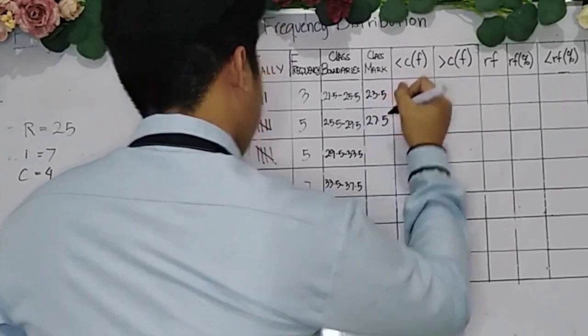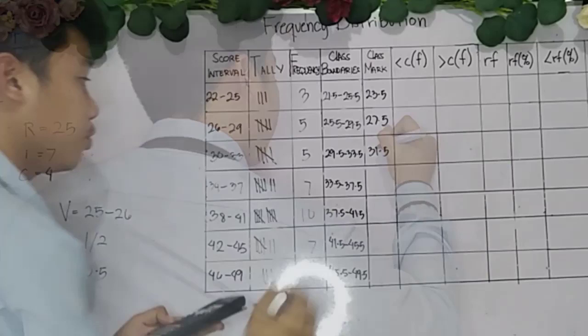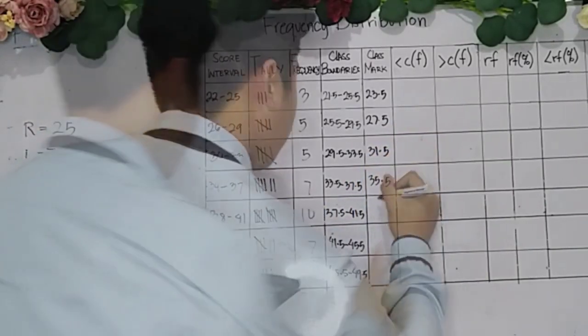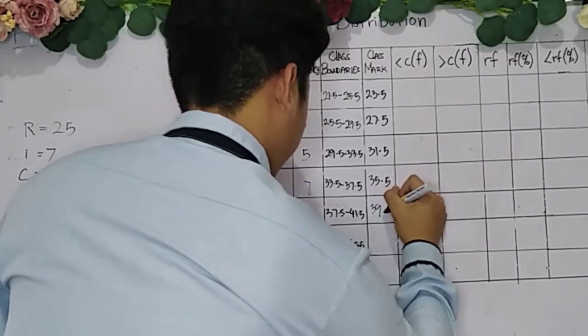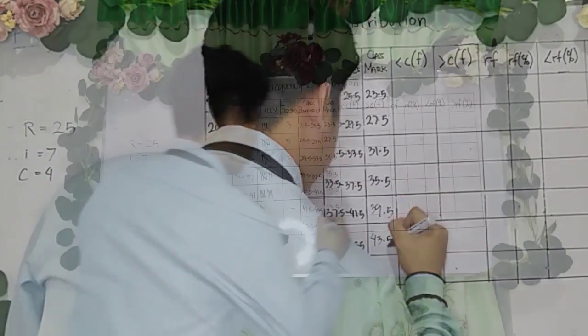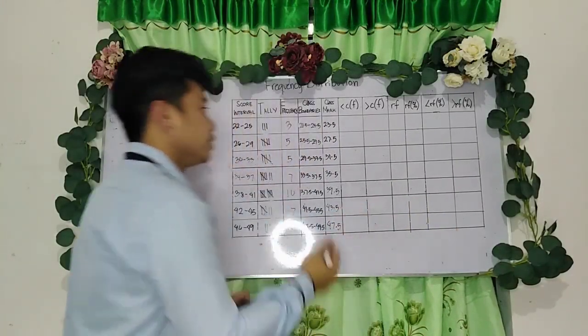Then 31.5, 35.5, 39.5, 43.5, 47.5. So this is our class mark.